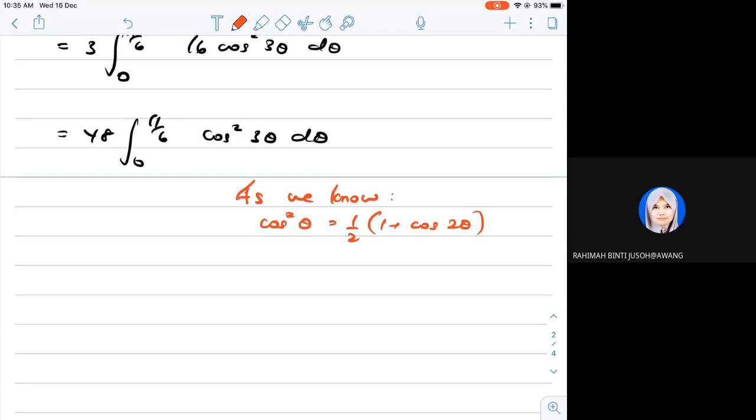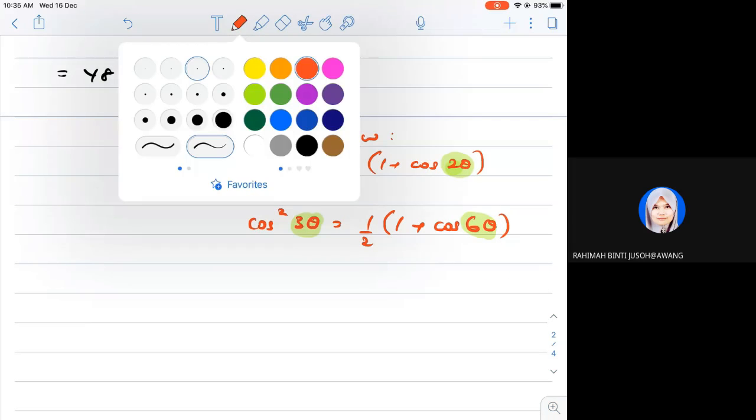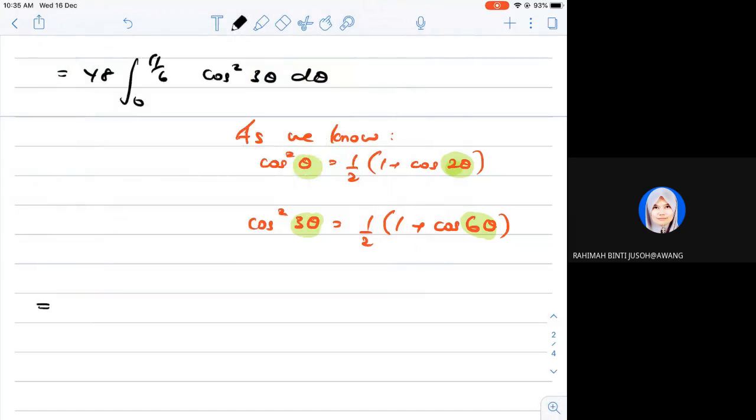So in this case, we have cos squared 3 theta. So what happened here? We will have 1 over 2 multiplied by (1 plus cos 6 theta). Why 6? Because here theta becomes 2 theta. Therefore, if we have 3 theta multiplied by 2, that's why we have 6 theta. Understand this?